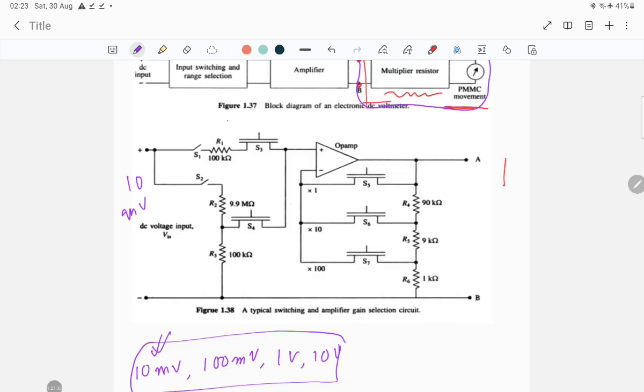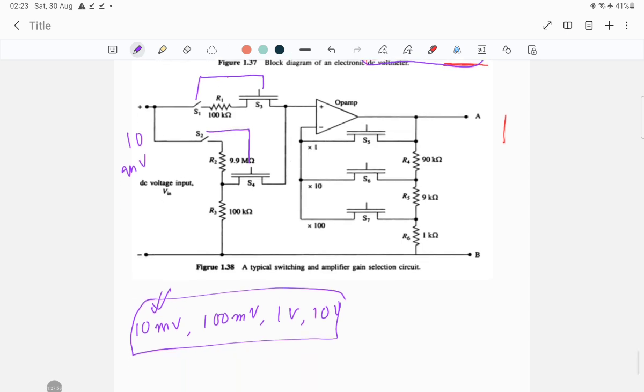It's connected in a way that S1 and S3 are connected, then S2 and S4 are connected.